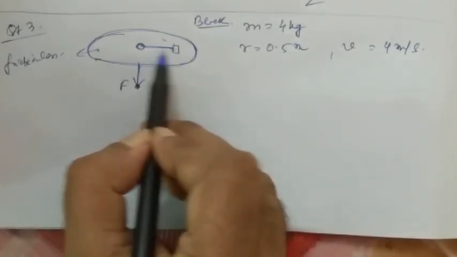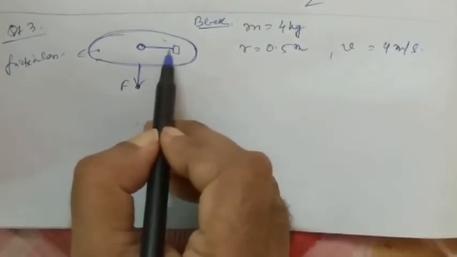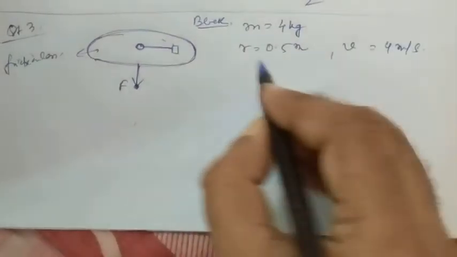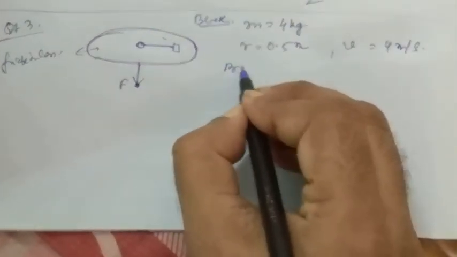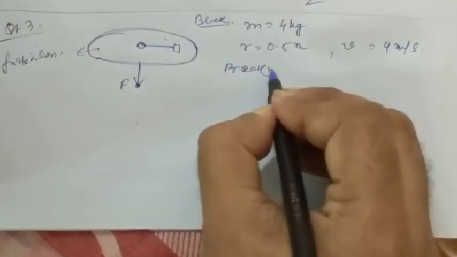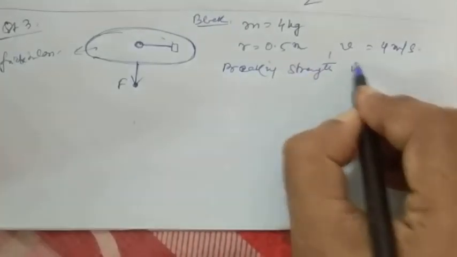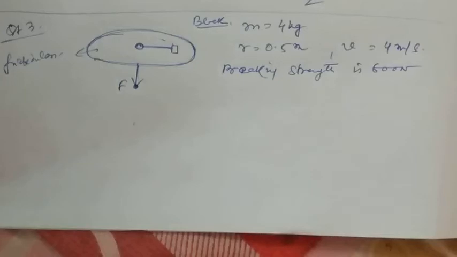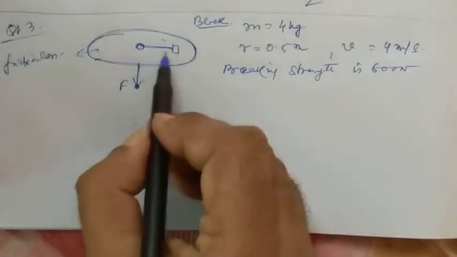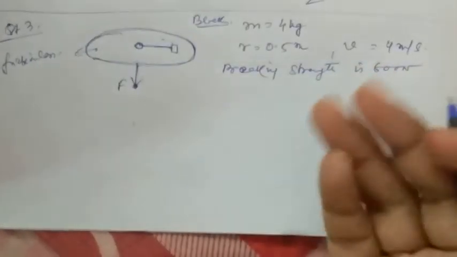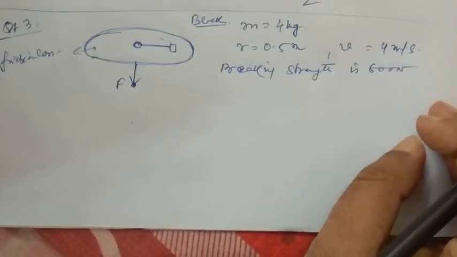So the shortening of the radius of the circle means the block will revolve faster. Now they have given the breaking strength of the cord, which is 600 newtons. This cord has a breaking stress or strength, as you can write it, of 600 newtons.